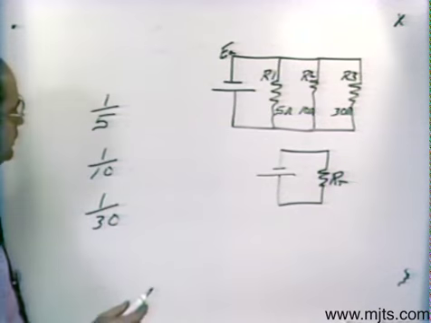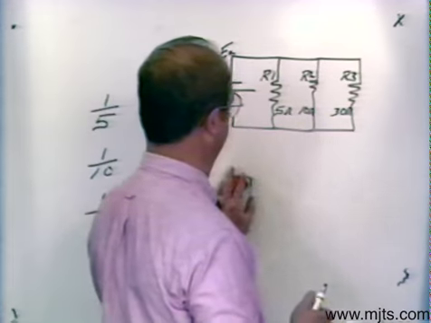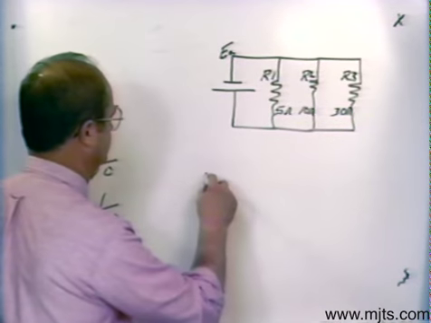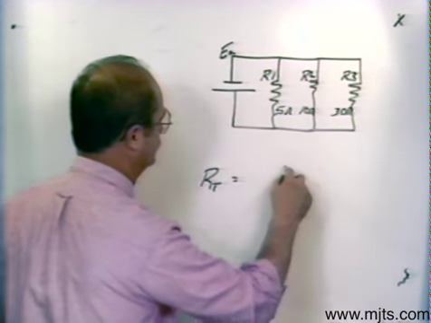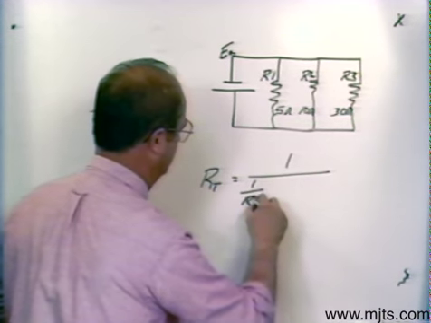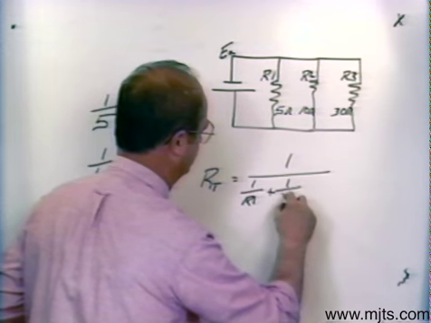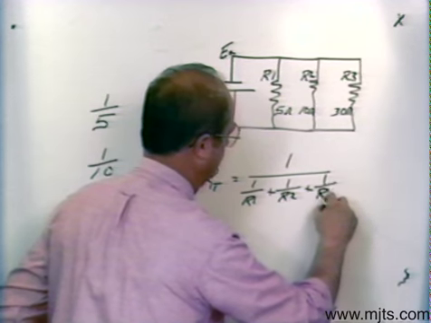Now, the formula for the reciprocal method is like this. My total resistance is equal to 1 over R1 plus 1 over R2 plus 1 over R3.